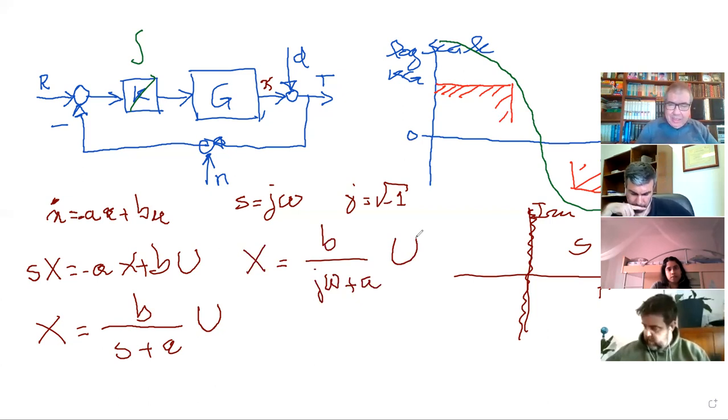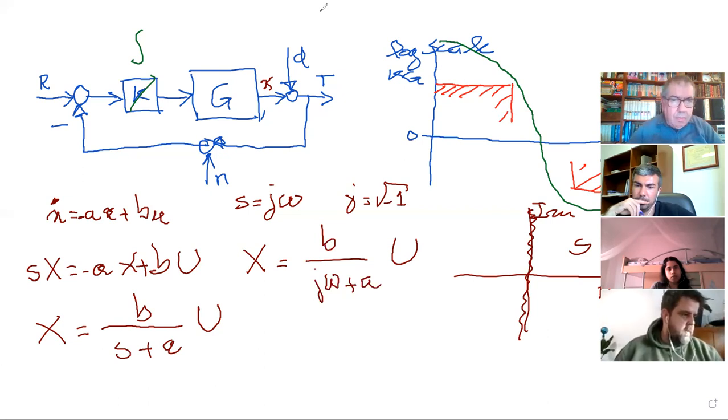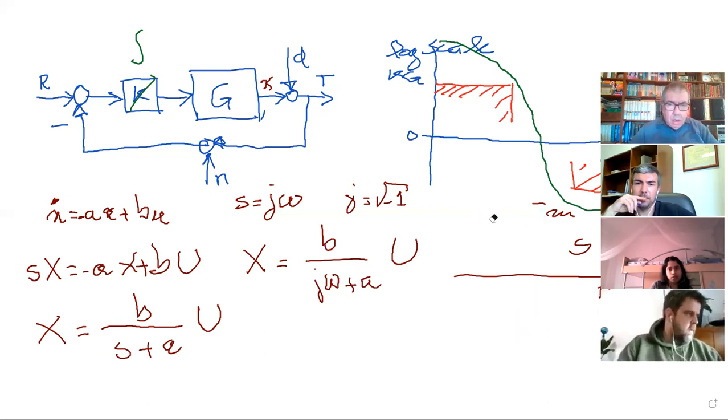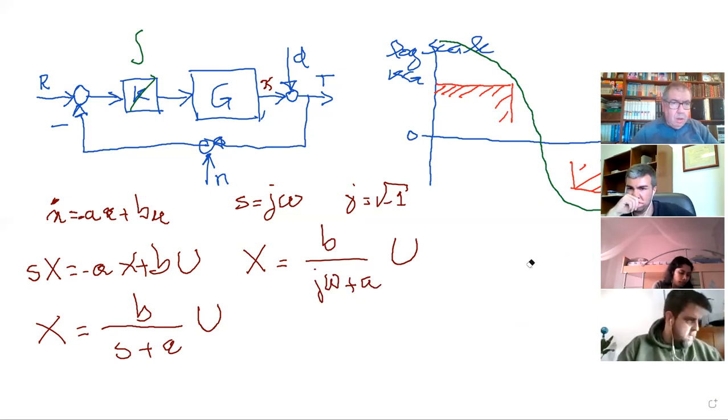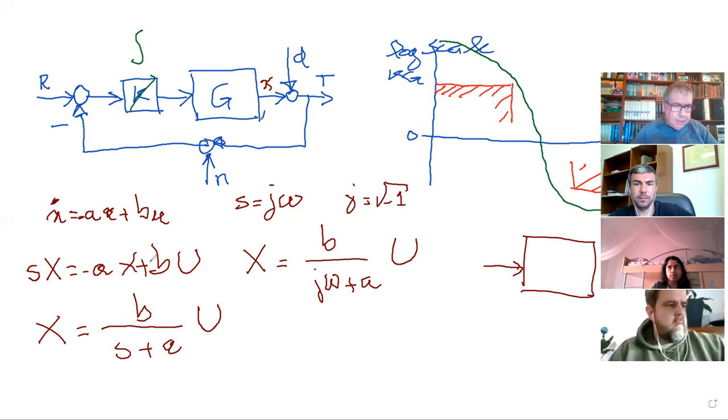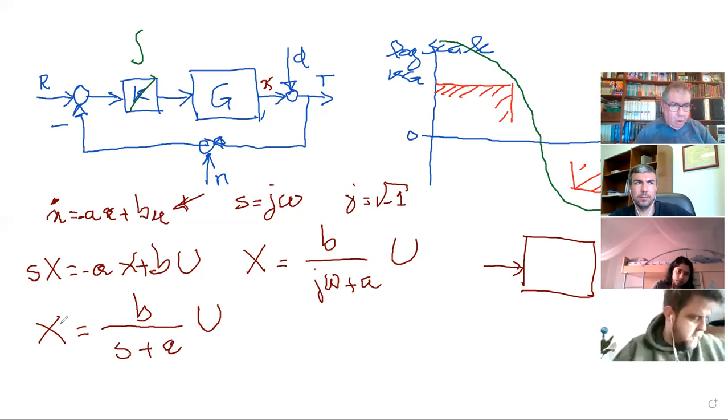Okay, now there is one thing which is wonderful. Suppose that you put here a sinusoid. So you have your system. You can describe it by the differential equation in this way, or this is called the transfer function.